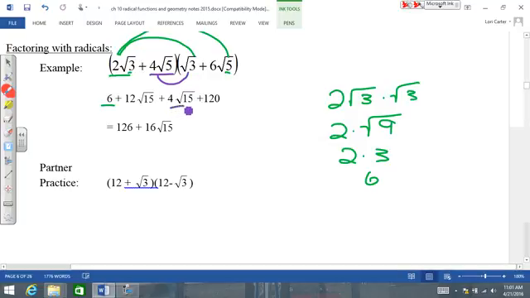Mrs. Carter, are we distributing right now? Yes, we are. How did you get 120? All right, what do you multiply, Jacob? 4 times 6. What's 4 times 6? 24. Okay, and then what? Now you did the whole numbers, now you do the square roots. What's the square root of 5 times the square root of 5? 5.